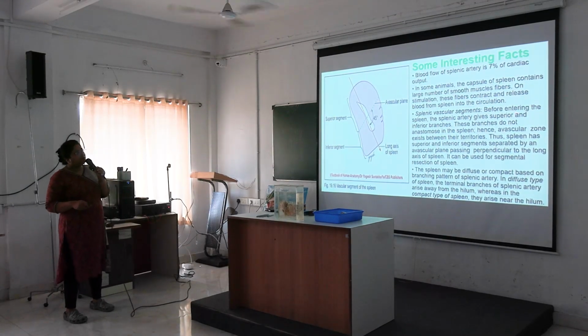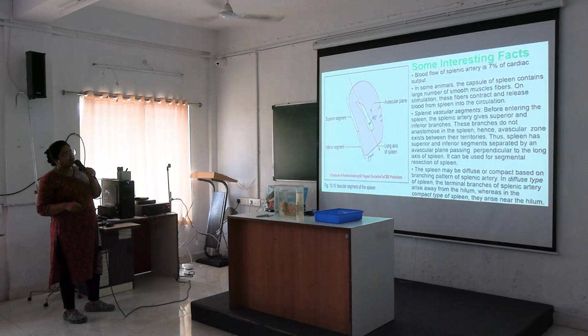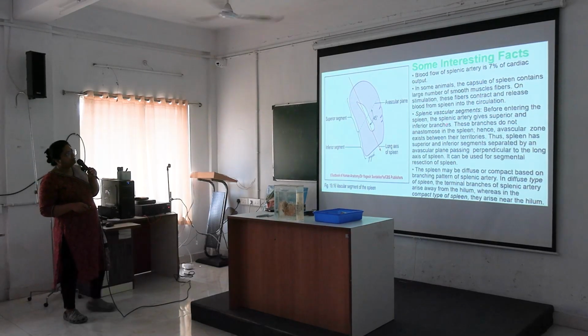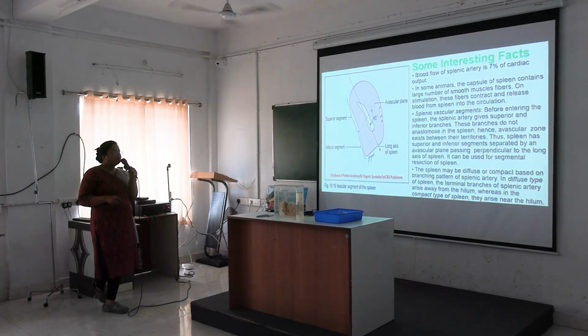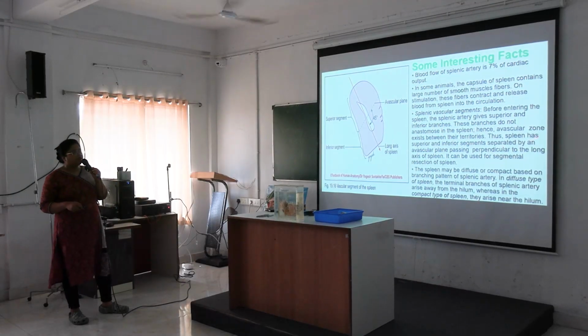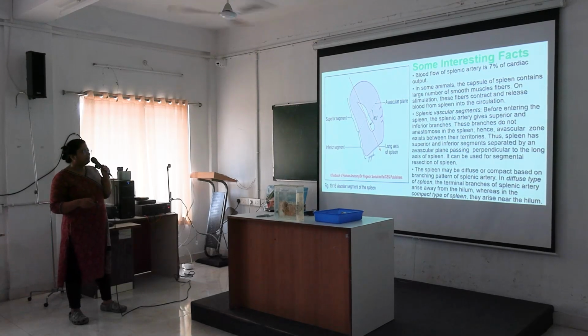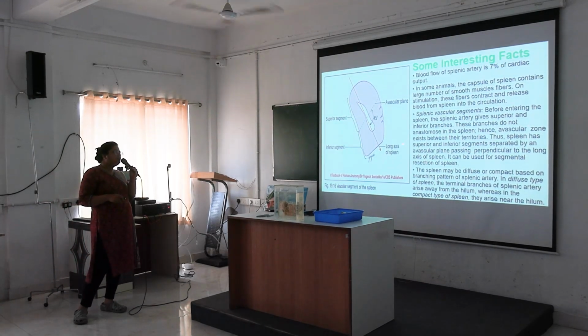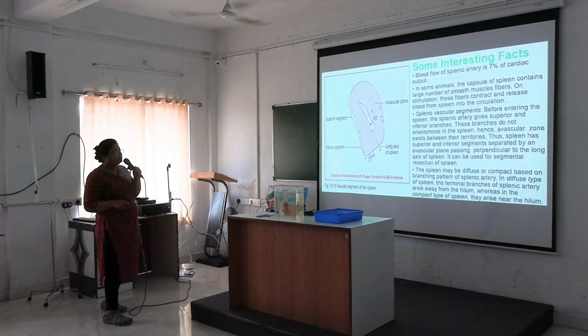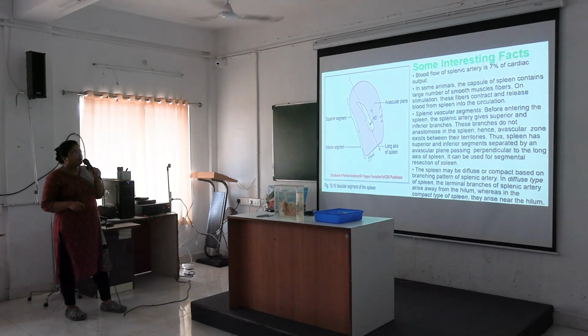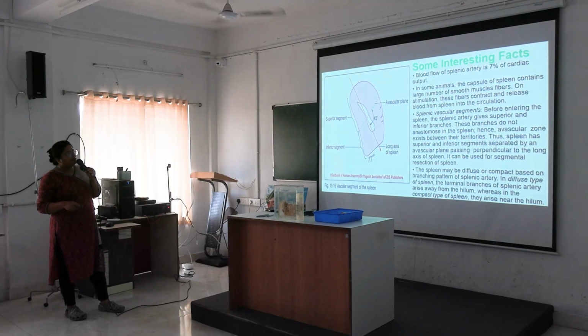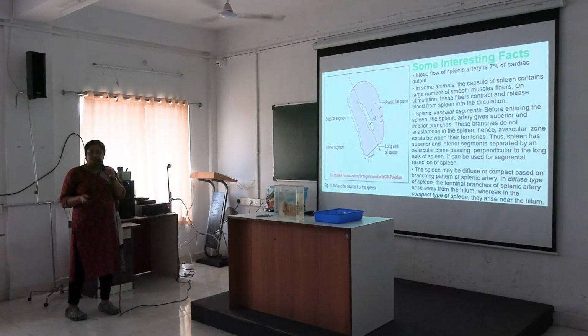Before entering the spleen, the splenic artery gives superior and inferior branches, and these branches do not anastomose in the spleen. Hence, an avascular zone exists between the territories of these two arteries, and thus spleen has superior and inferior segments separated by an avascular plane passing perpendicular to the long axis of the spleen, and it can be used for segmental resection of the spleen.